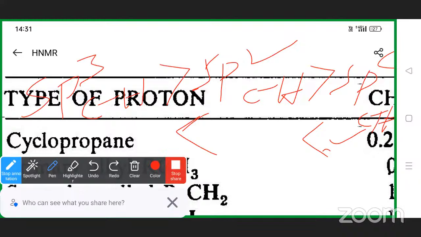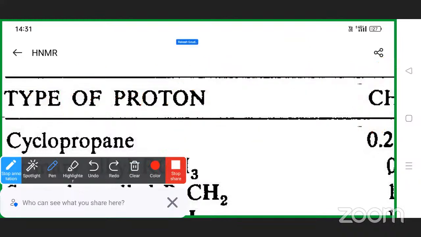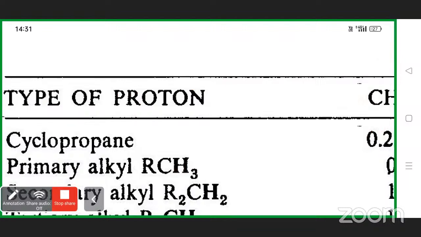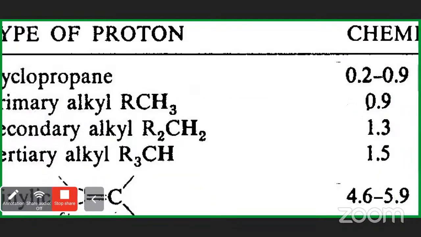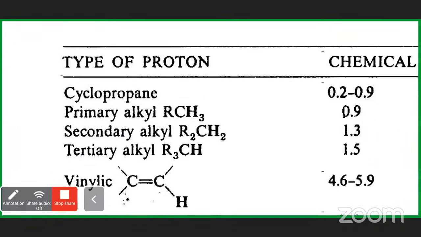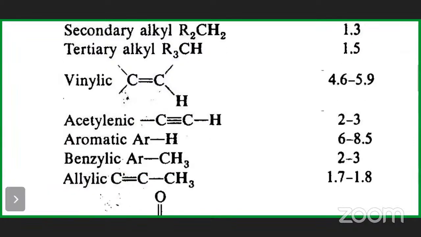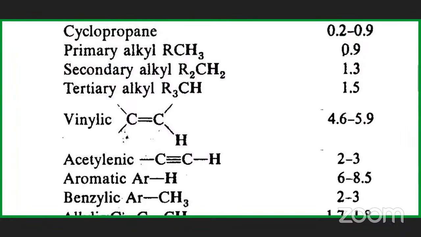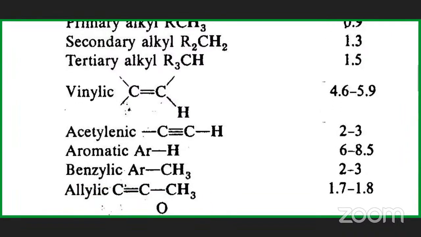So, based on this statement, we are supposed to have more electronegativity, more delta value for the acetylenic proton. Acetylenic proton has 2 to 3, vinylic proton has 4.6 to 5.9, and alkane proton has the 1.5, 1.8 range. So where is the deviation?